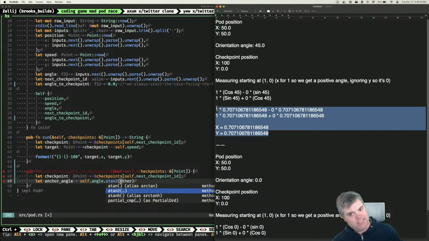But I don't see how that's going to help me, because I don't have an angle in relation to anything. I guess I have an angle in relation to where I'm pointing on the field. But not in relation to... I guess I have it in relation to my position, right?